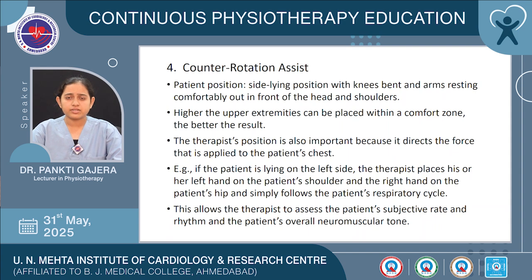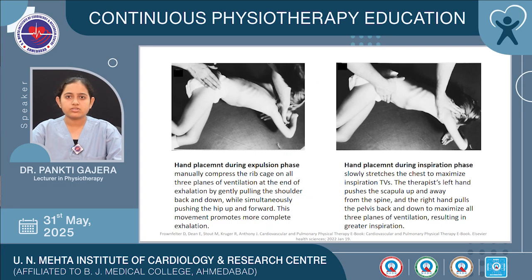This allows the therapist to assess the patient's subjective respiratory rate and rhythm and the patient's overall neuromuscular tone. So, in the first picture, the hand placement during the expulsion phase, that is the coughing phase, manually compresses the rib cage on all three planes of ventilation at the end of exhalation by gently pulling the shoulder back and down while simultaneously pushing the hip up and forward.